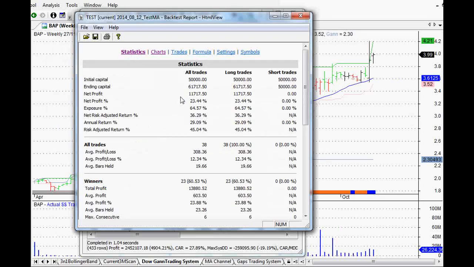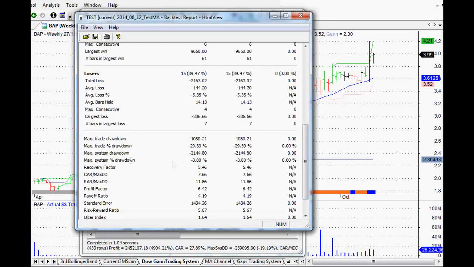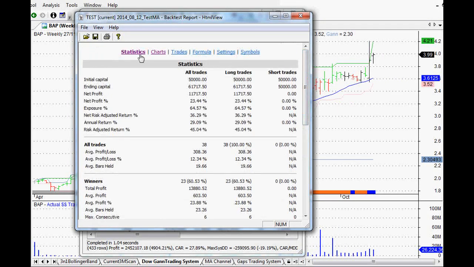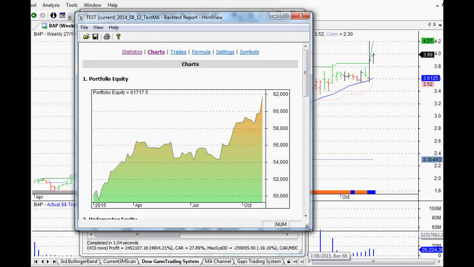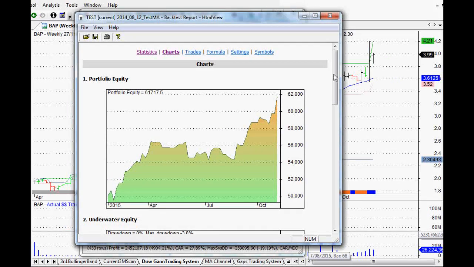So year to date, we've got 23%, annual return of about 29% based on that. The winning percentage, so it wins 60% of the time, which is really great, and the maximum system drawdown is only 3 to 4% for the year. So that's a nice way to trade.